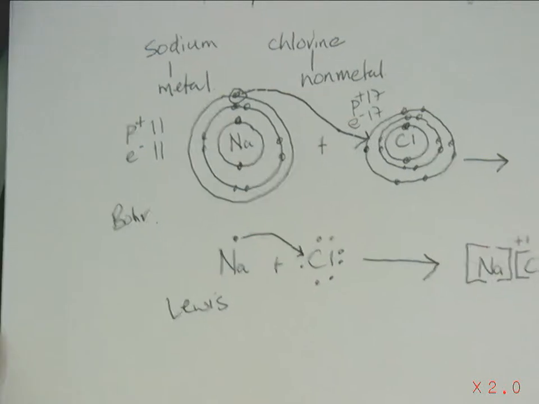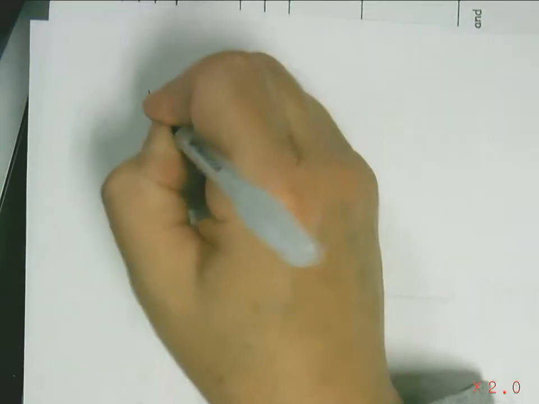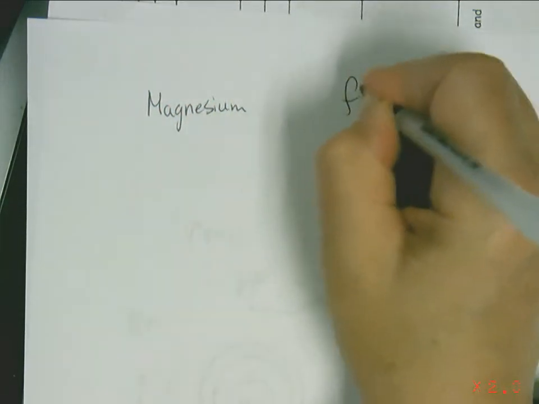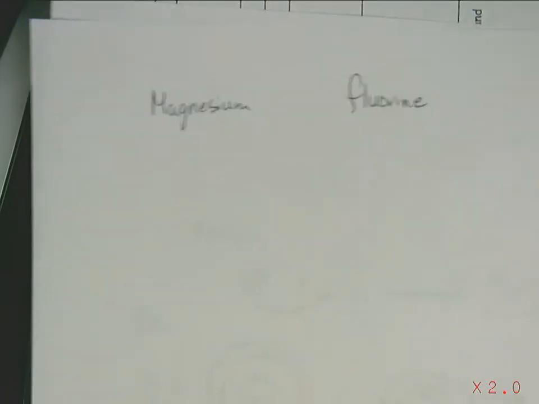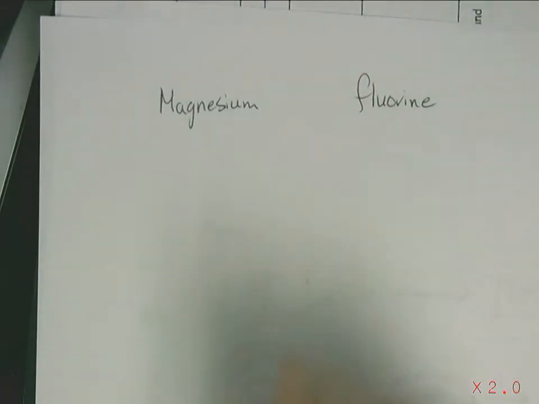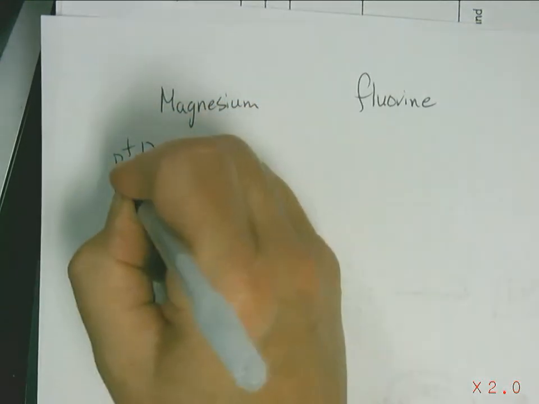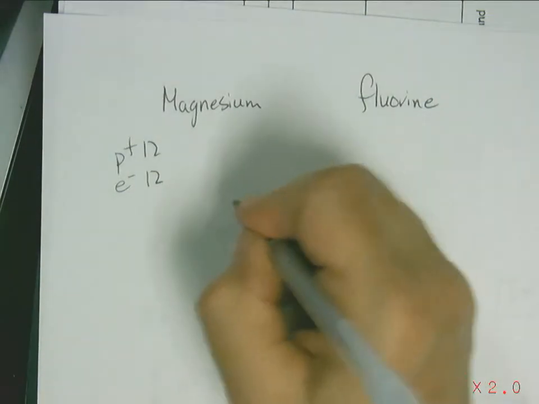Let's look at a little more challenging compound. Let's look at magnesium and fluorine. So magnesium is the metal, fluorine is the nonmetal. Magnesium has 12 protons, 12 electrons, and it has 3 energy levels.